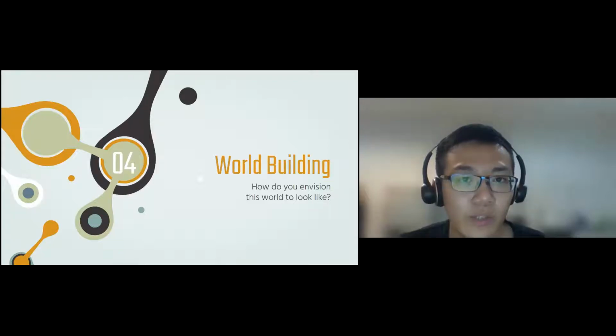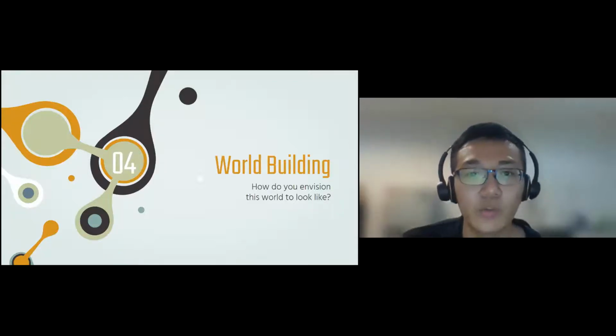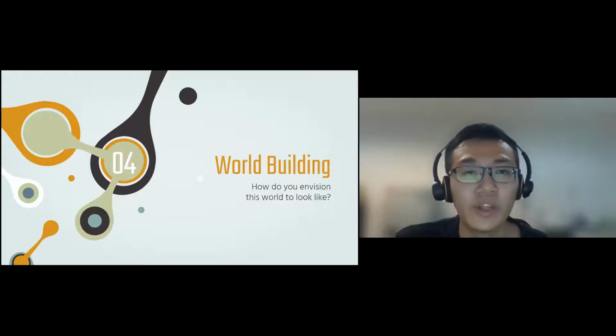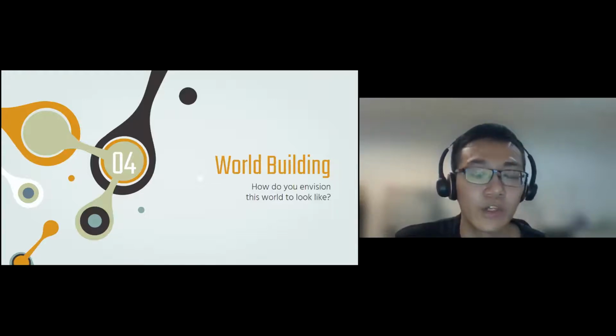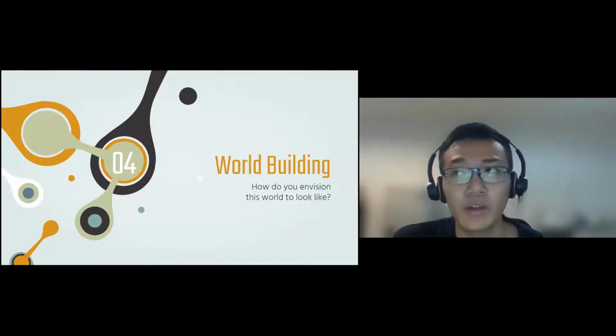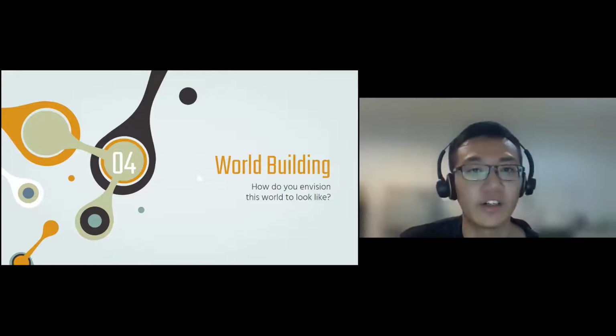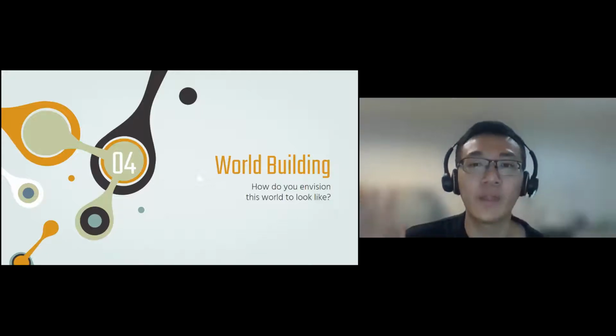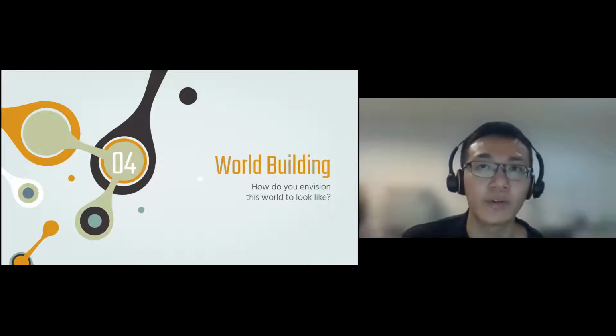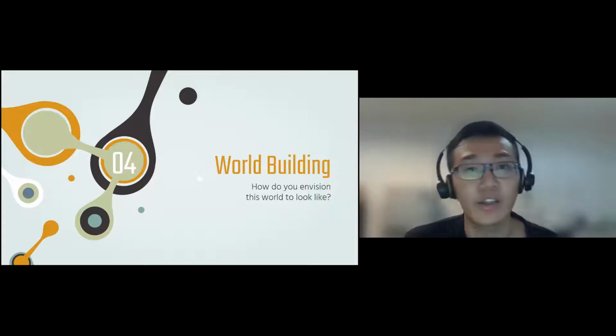The next part of the case construction is world building. How do you envision this world to look like? It's related quite strongly to the comparative identification, but here is probably where you want to spend some time explicitly fleshing out what the world looks like. This is the point where you want to start writing a lot of things.